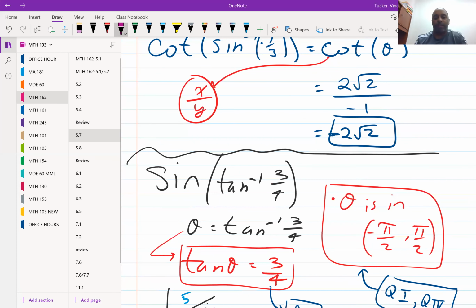You have sine of tan inverse of 3/4. Remember, we dealt with tan inverse already. So we already know that's going to be from negative π/2 to π/2. That's what theta is going to be. So we take what's on the inside. Theta is equal to that.